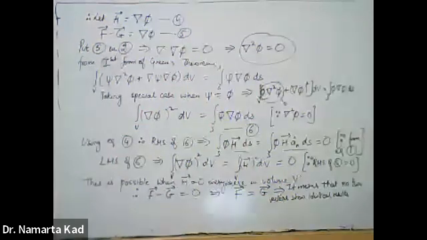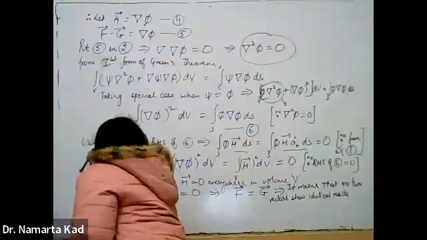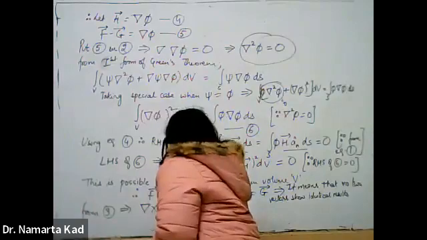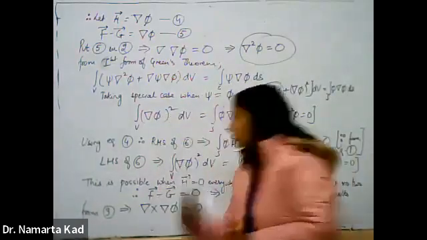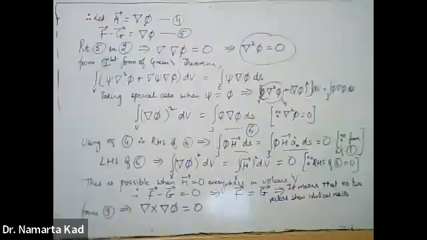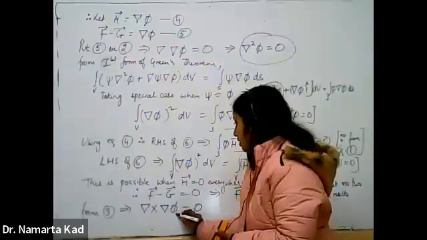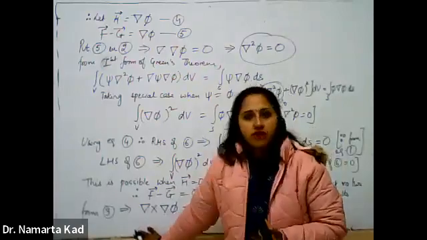Now from the third, del cross del phi is equal to 0. So from this equation number 3, what does this mean? This means that the gradient of a scalar field is an irrotational vector.